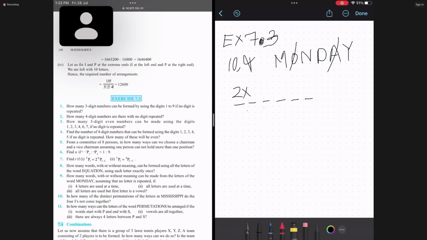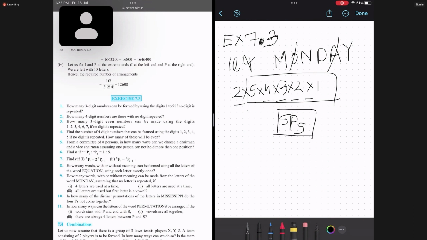Now the number of places remaining is 5. So we have to permute 5 places using 5 letters. So you have 5 into 4 into 3 into 2 into 1. This is the representation of permuting 5 letters among 5 choices. So the answer is 2 into 5 factorial, that is 2 into 120.